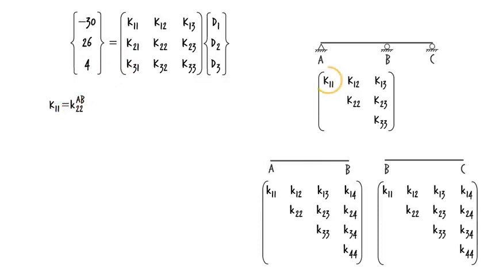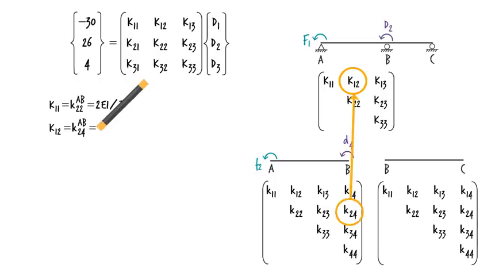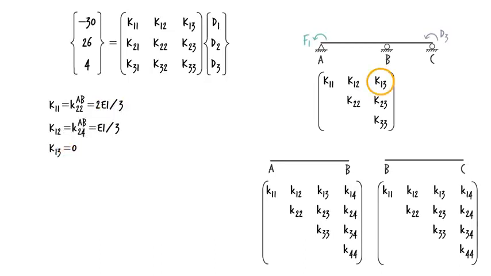K11 of the system equals K22 of member AB. Thus, it equals 2EI over 3. K12 equals K24 of AB, or EI over 3. K13 equals 0.